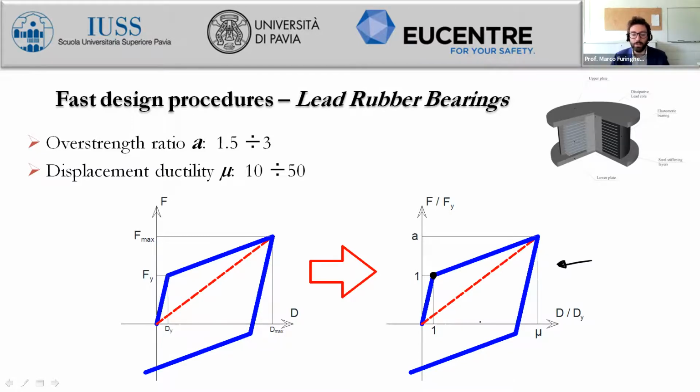So according to this definition of force displacement loop, and the normalizations for both the axes, all these steps for the fast design procedure are straightforward and very easy to use, and you will see what I mean.